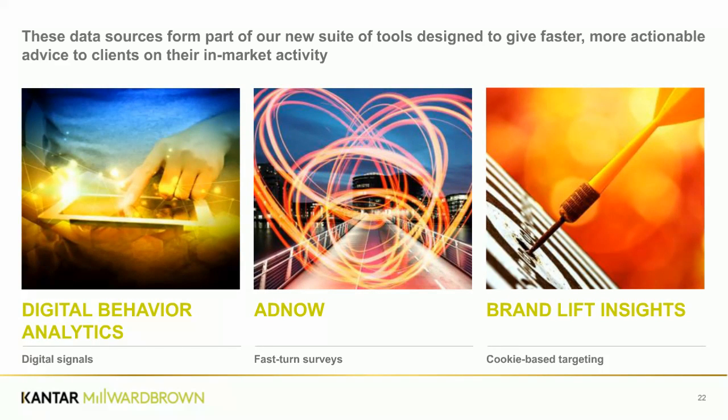And that's a tool that would use cookies to determine who's been exposed to digital comms activity so that we can quickly determine its impact on the brand. And this forms the new suite of tools that we have at our disposal that allow us to give faster and more actionable advice on in-market brand communications activity.